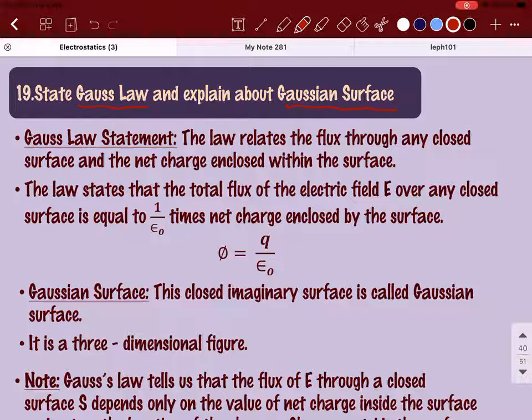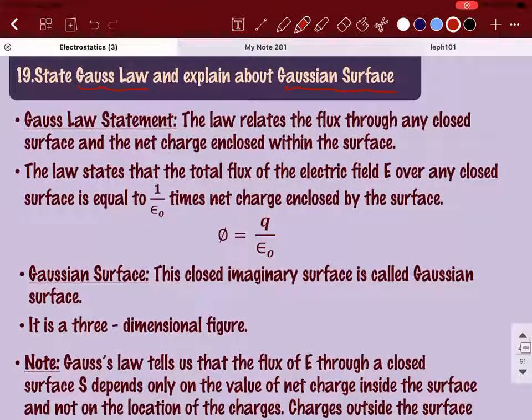And the statement. Here they say the law relates. It's not the statement, but the law statement is something like this. Please write it down.